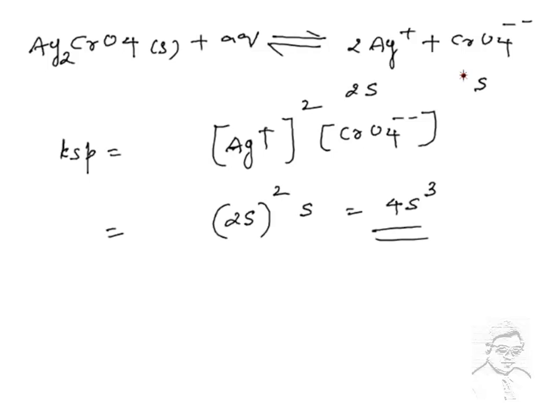Now they are very small, such that this value is less than the Ksp value. You can always multiply ion concentrations and you can get more than Ksp, less than Ksp, or equal to Ksp.